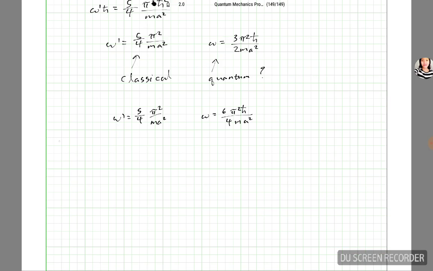So then I went back to just classical motion frequency, thinking about like a mass on a spring.